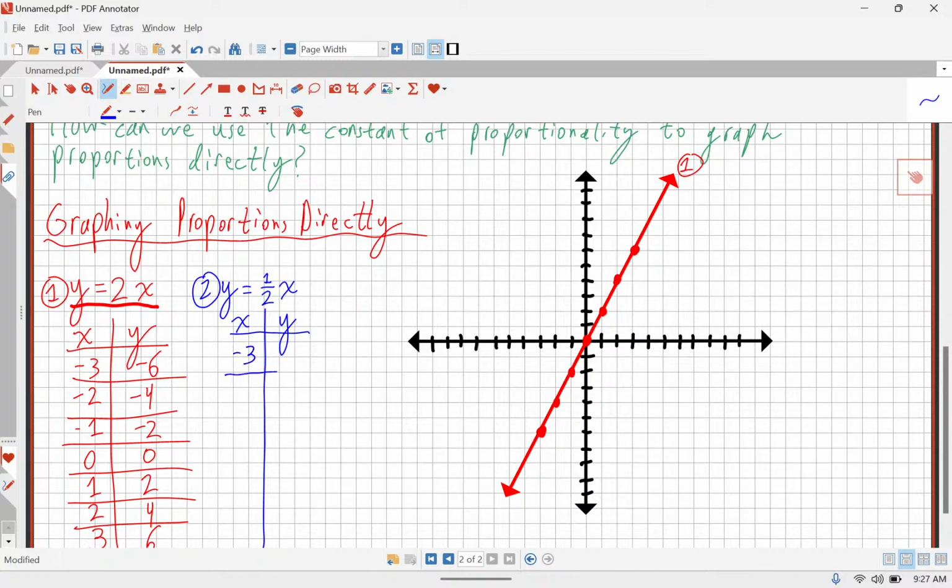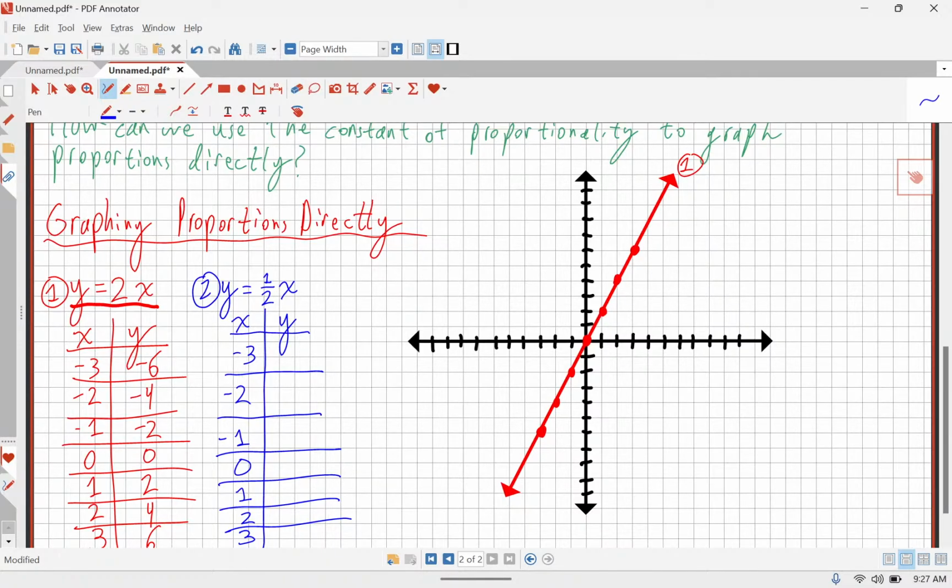Let's do it again for -3, -2, -1, 0, 1, 2, 3. If y equals 1/2 x, how would I get my y's if x was -3, -2, -1, 0, 1, 2, and 3?